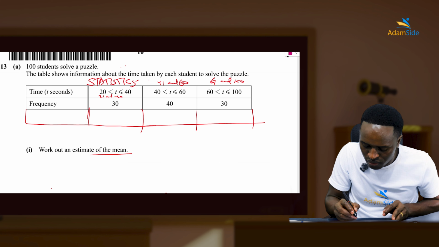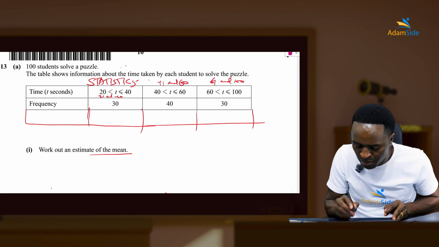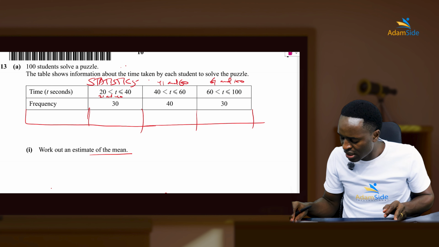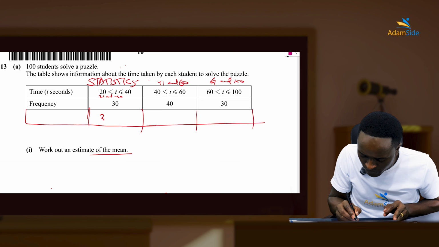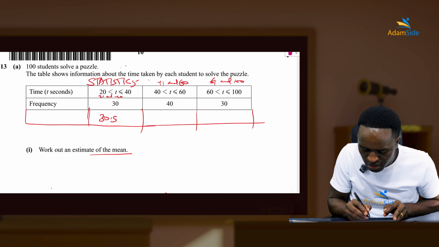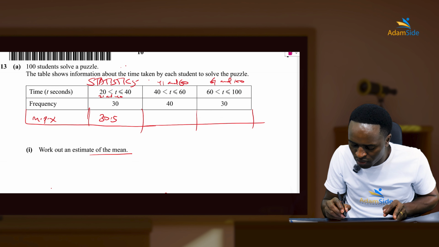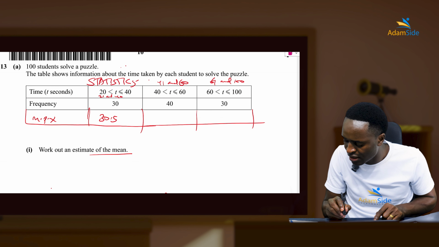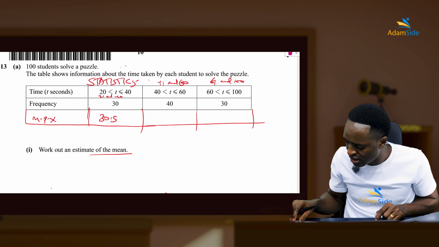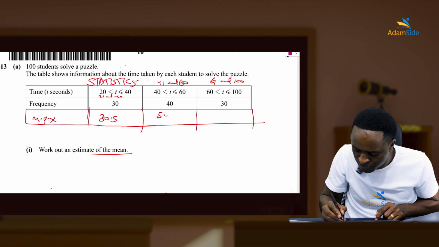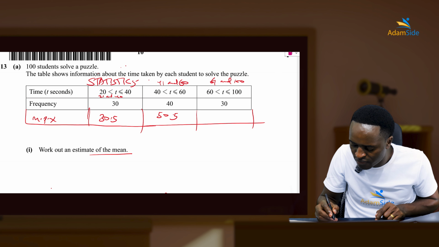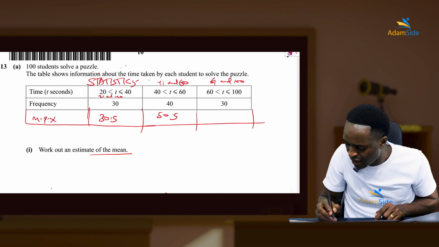So 21 plus 40 divided by 2 is 30.5. Then for the midpoint x, 41 plus 60, which is 101, divided by 2 is 50.5. Then we have 61 plus 100 divided by 2, which is 80.5.